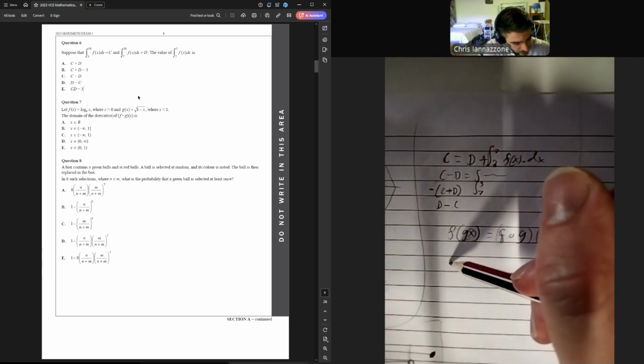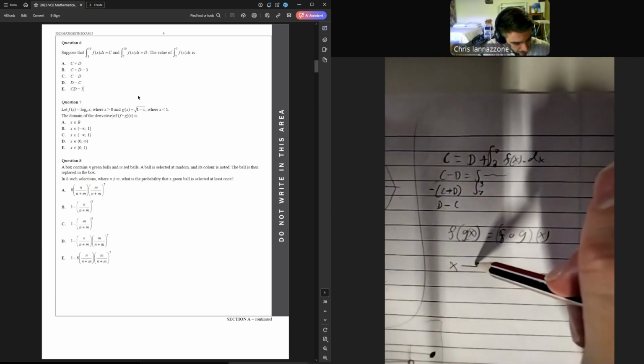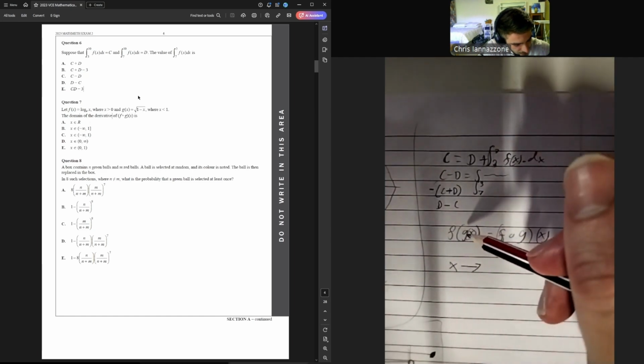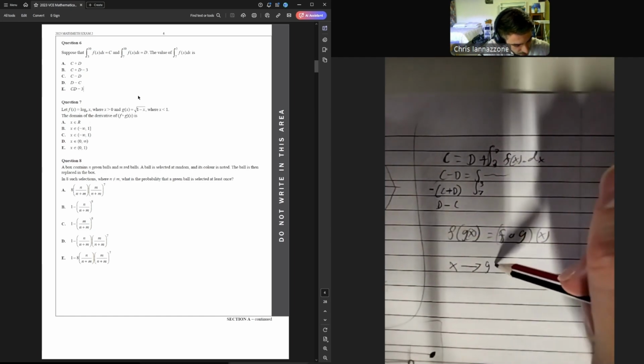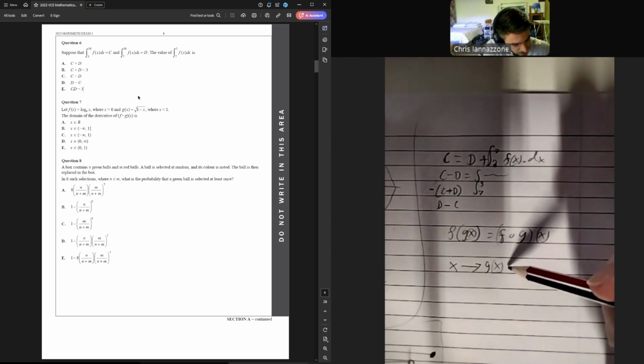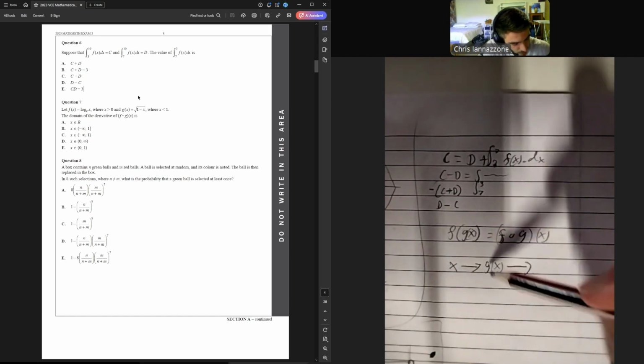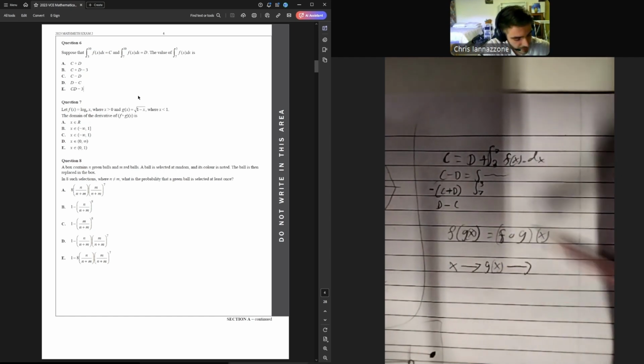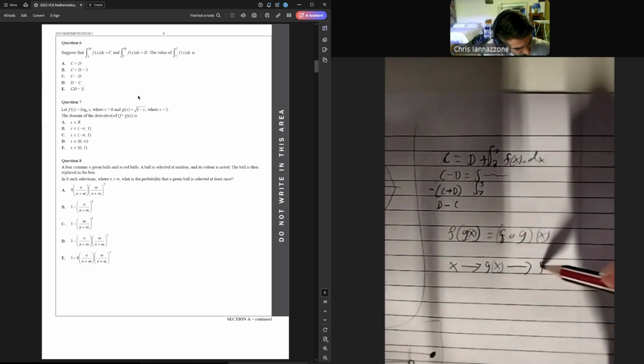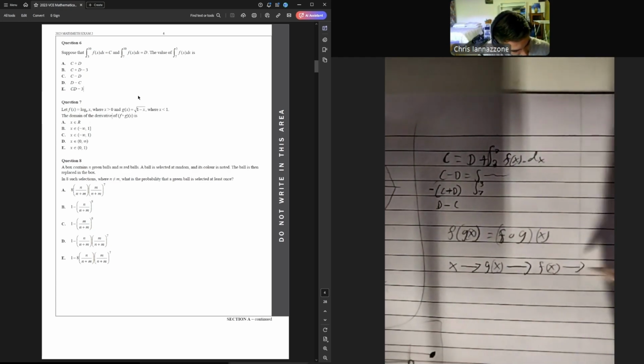So what we can imagine is that we have some x value and it gets fed into the inner function to start with, into g of x. Then whatever the y value is from g of x then gets fed into the outer function, which in this case is f of x. And then finally, that gives you your final y value. That's how composite functions work.